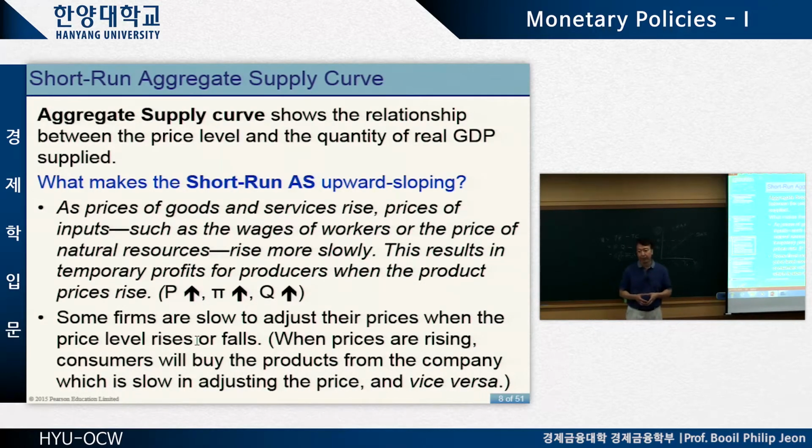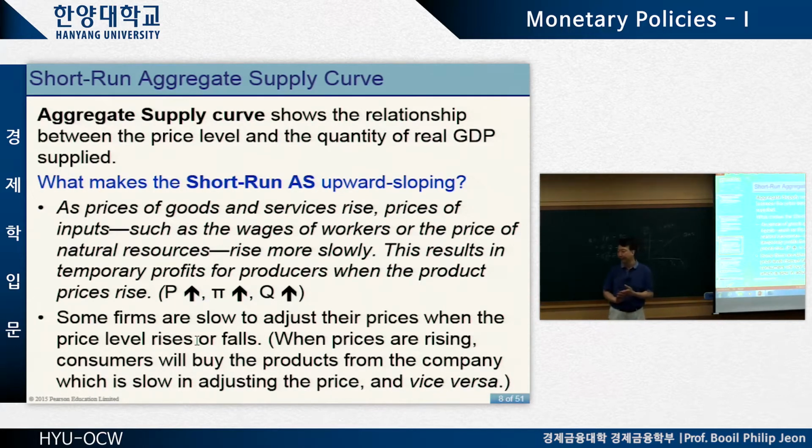Once a year, they send out these catalogs to their customers, and customers read this catalog and order whatever they need. So if the company has to change their prices, they'll have to publish another catalog, and these catalogs are expensive.